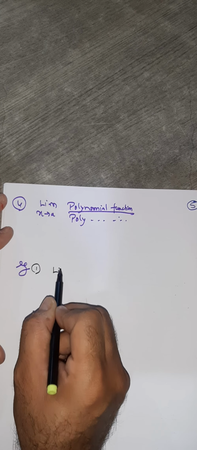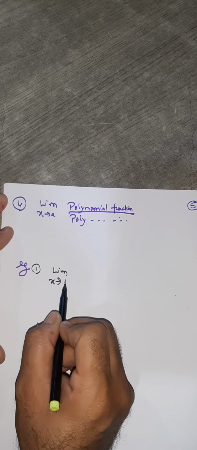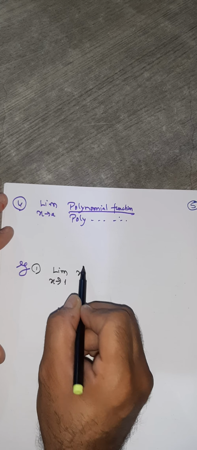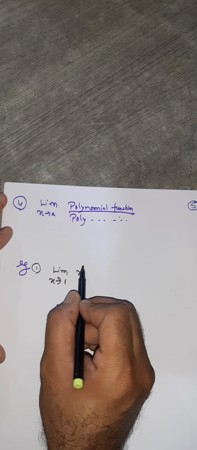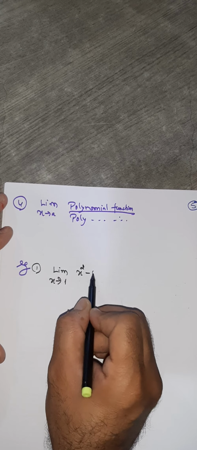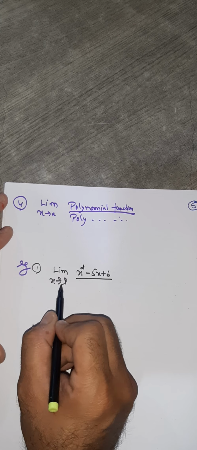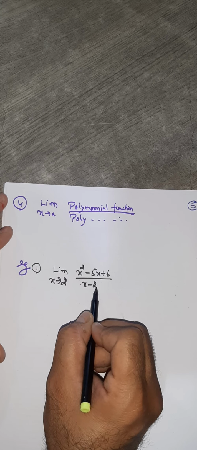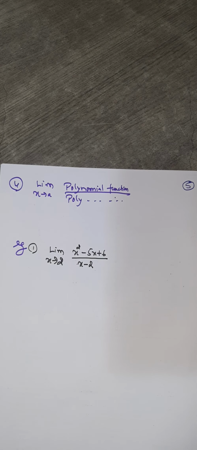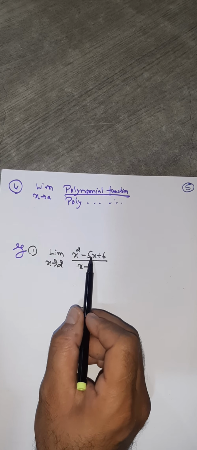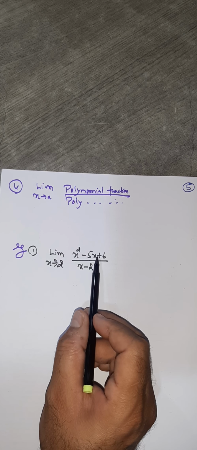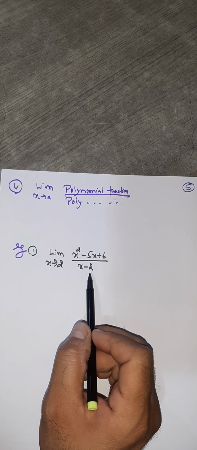Here, limit x tends to 2 of (x square minus 5x plus 6) upon (x minus 2). Polynomial, you know, it's a quadratic. This is a polynomial, as you recall in types of functions: polynomial upon polynomial.